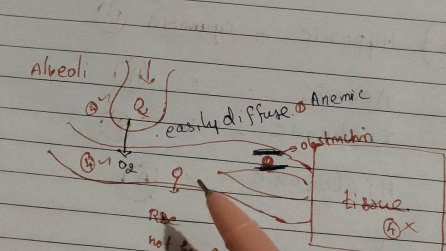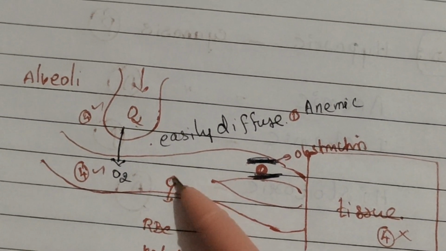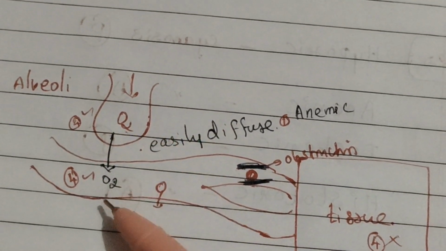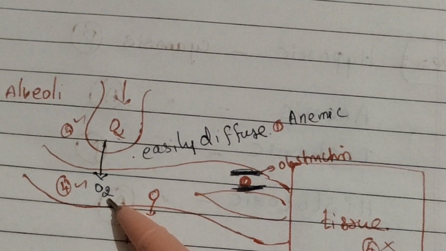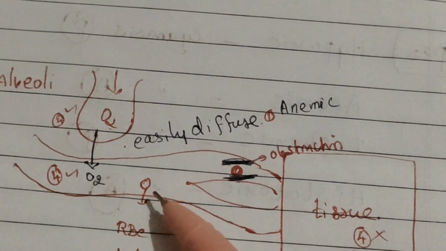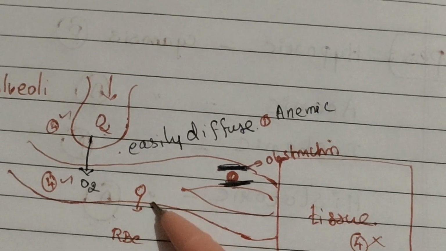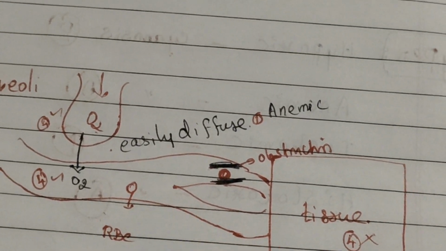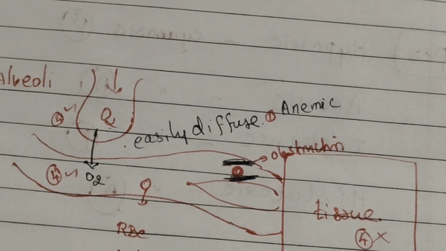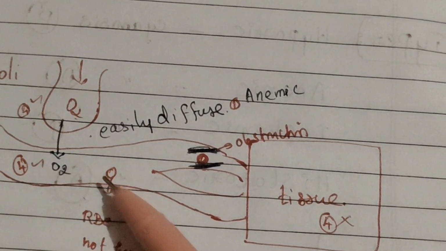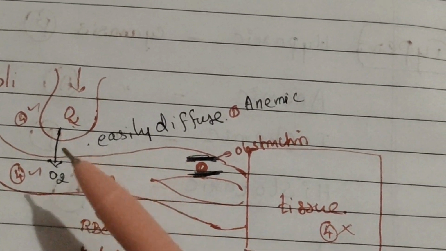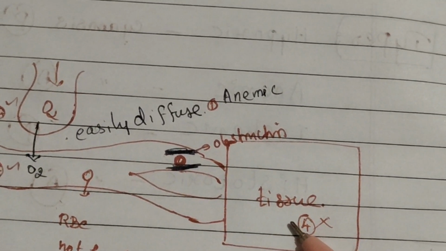The problem is that RBC is not there, or there is a decrease in hemoglobin. Because of this, O2 will not be able to go into the tissue. Here RBC or hemoglobin is the problem, so O2 cannot reach the tissue.